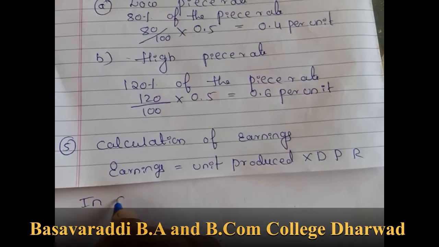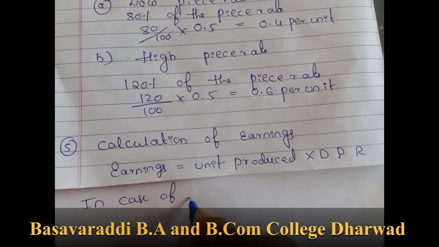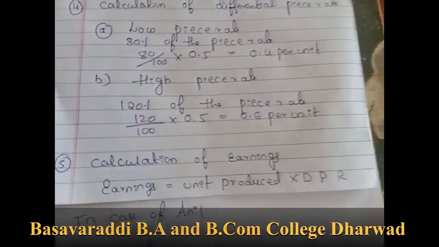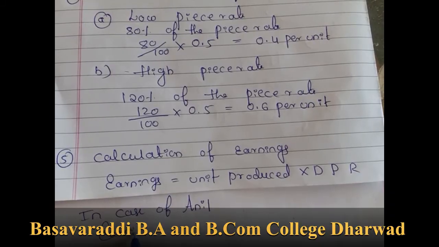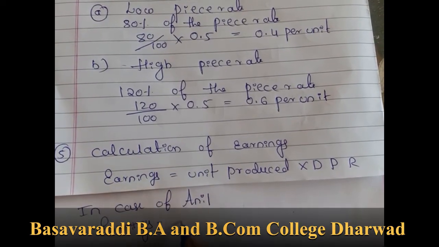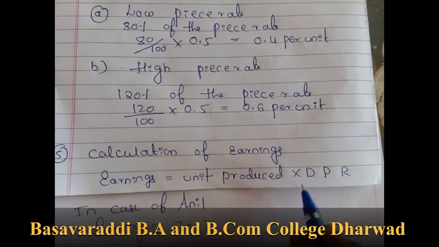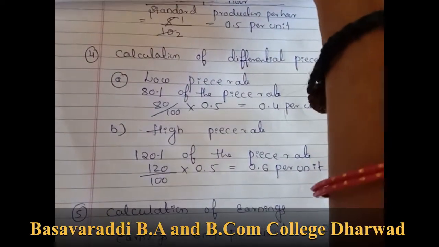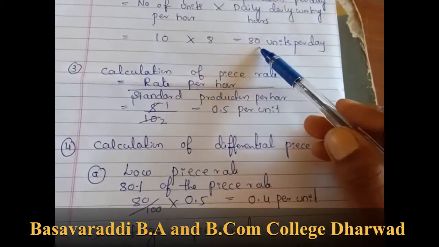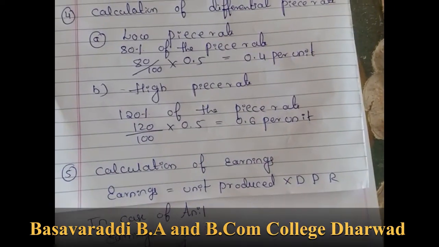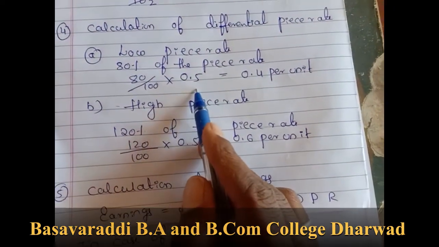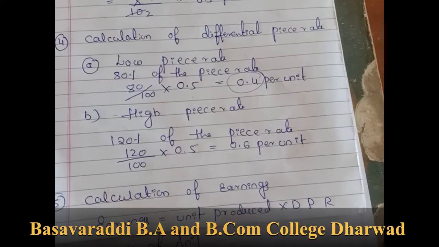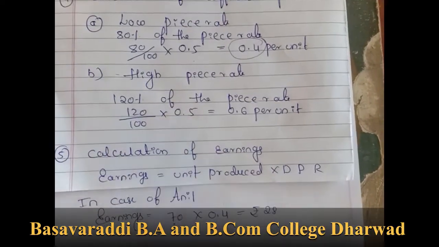In case of Anil, units produced is 70 units. Earnings is equal to 70 into differential piece rate. In working note number 2, the answer is 80. So 70 units is less than 80 units. So we have to consider the low piece rate, that is nothing but 0.4. 70 into 0.4 is rupees 28.